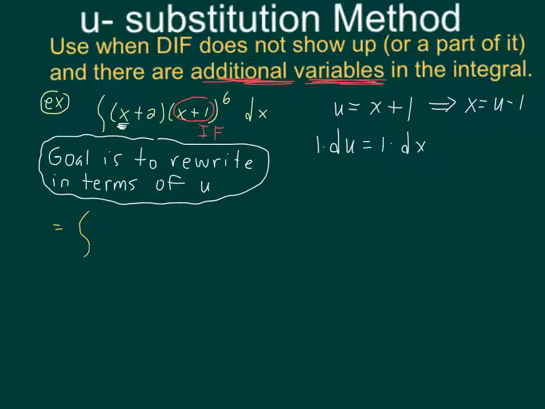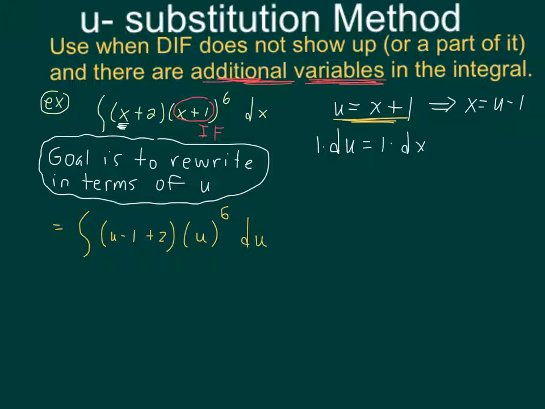In this x plus 2 piece, x is the same as u minus 1, and we still have that plus 2. And then the x plus 1 is just going to be referred to as u, because that was our initial step: we said u is x plus 1. That's going to be raised to the 6th power, and then my dx I'm going to replace with du.